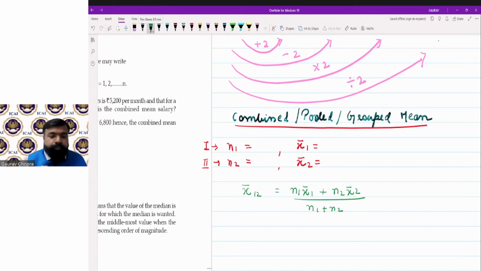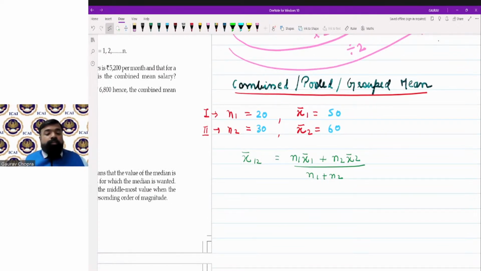So let's have some data here. 20 observations with 50 as X bar 1, 30 observations and 60 as X bar 2. So this is the data. Now we have to solve and get the result. So let us simplify. N1 X bar 1, so 20 multiplied by 50 plus N2 X bar 2, 30 multiplied by 60 upon N1 plus N2, that is 20 plus 30.